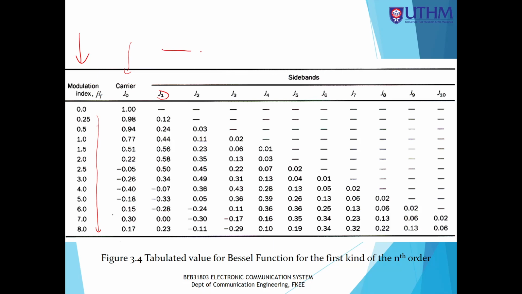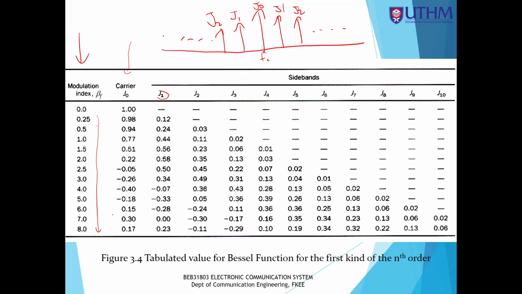When you draw the spectrum, the carrier at frequency Fc is J0, and then the first sideband is J1, and then J2, and so on.